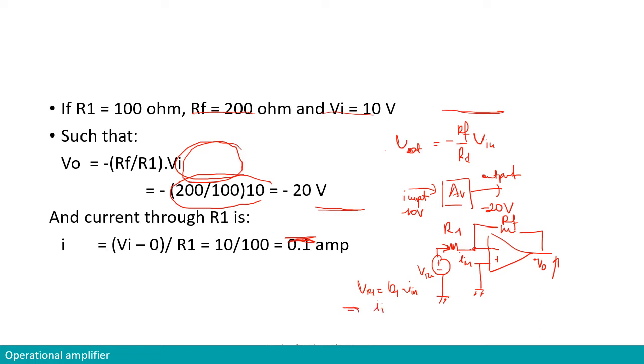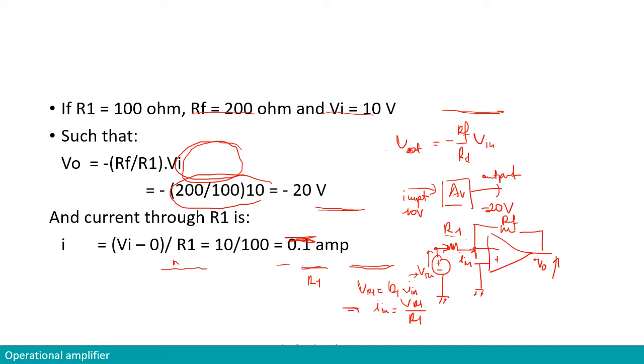Therefore I in equals VR1 divided by R1. VR1 is V in minus 0, because 0 is the voltage at this point. So we get 10 over 100, because R1 is 100 ohm, which gives an input current of 0.1 ampere.